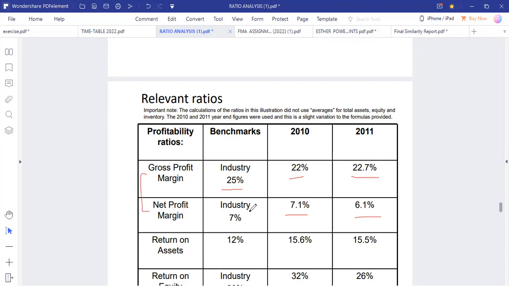All right. At this point, maybe I can pause to say this is an important analytical skill that you should have. It is a full 25-mark question of your exam, which always comes in the latter part of FMA.